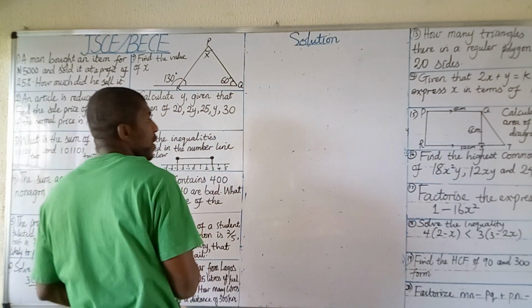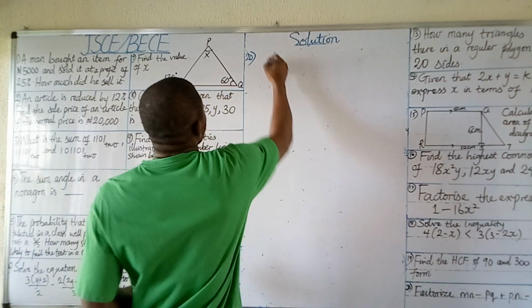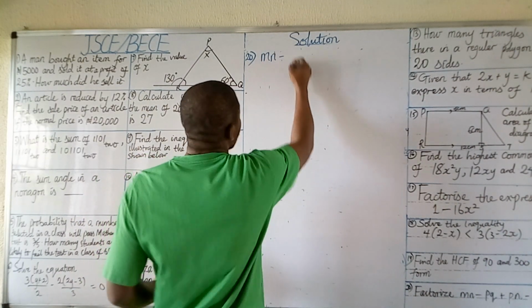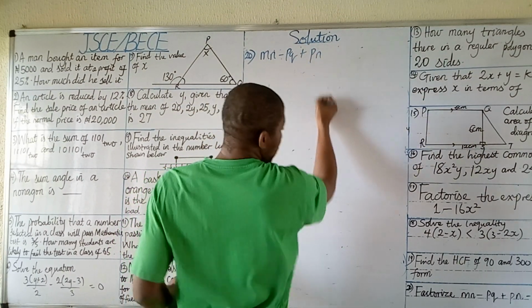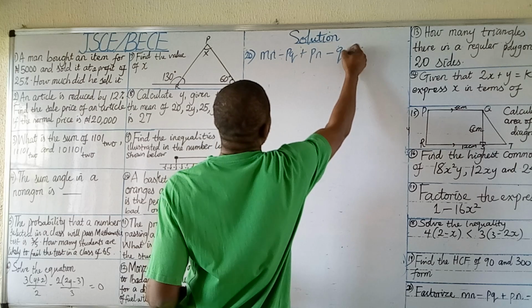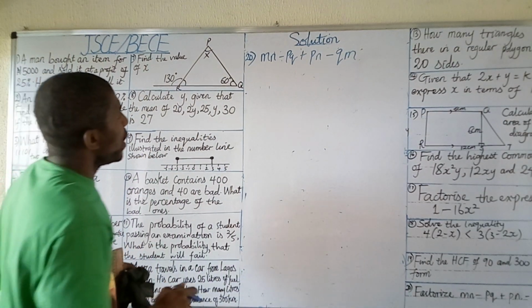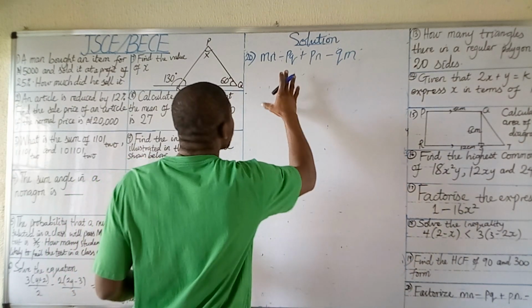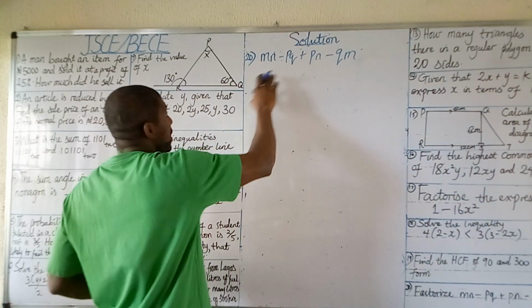For question number 20, I have that I should factorize mn minus pq plus pn minus qn. I need to rearrange this by collecting the ones that have positive in front of them before the negative sign.